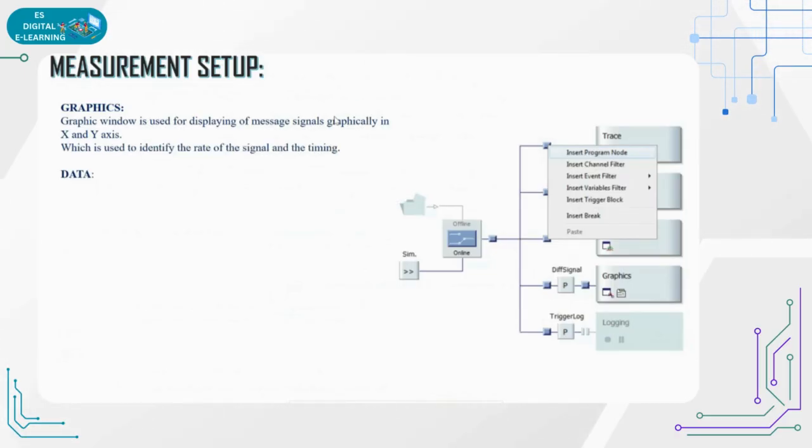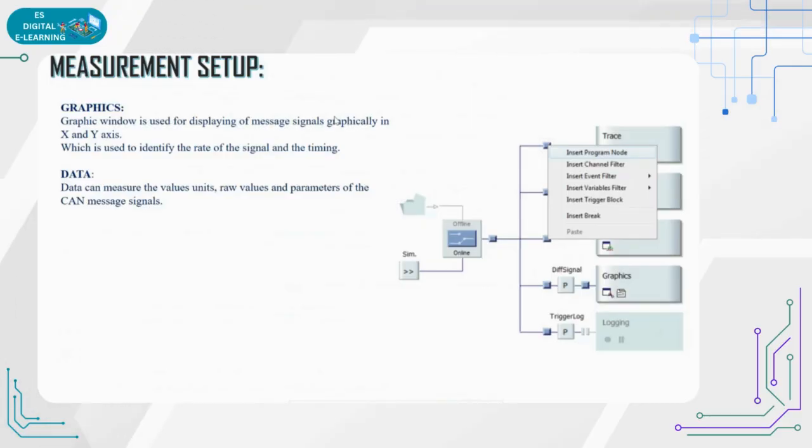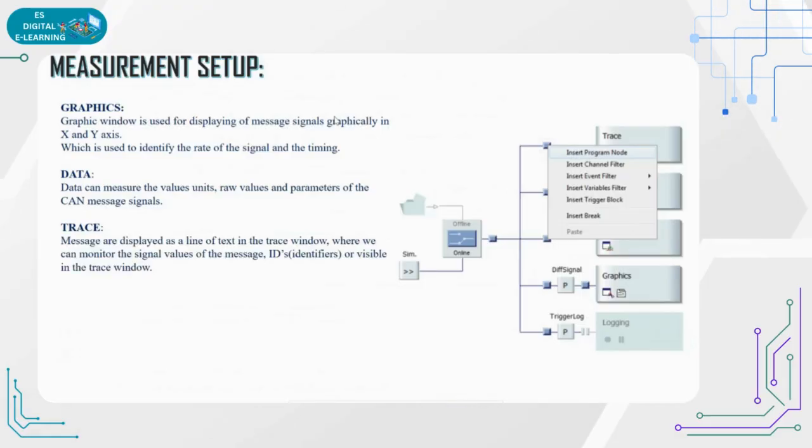Coming to the data, the data is where we are able to see the units and the raw values or the parameters of the CAN message signals. Next we have the trace. Trace is specifically for monitoring the CAN messages and IDs and the initial values or the timing parameters.